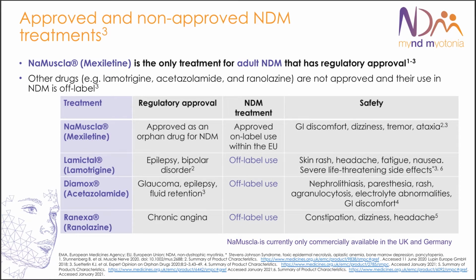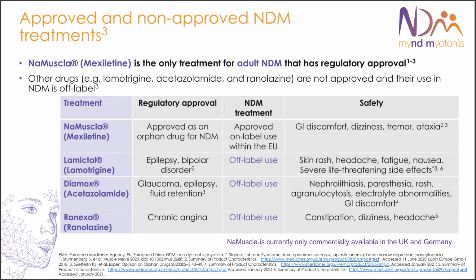Lamotrigine is approved for epilepsy and bipolar disorders, and for NDM it can be used off-label, but there are many side effects like skin rash, headache, fatigue, nausea, and severe life-threatening side effects.